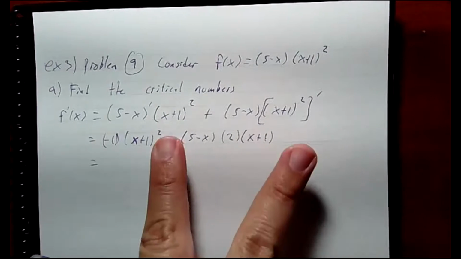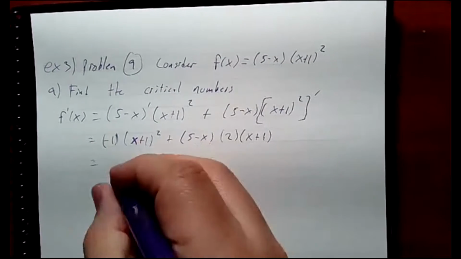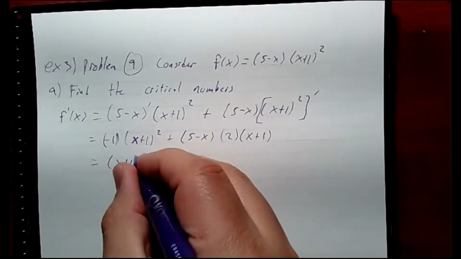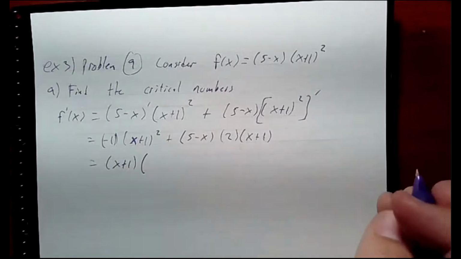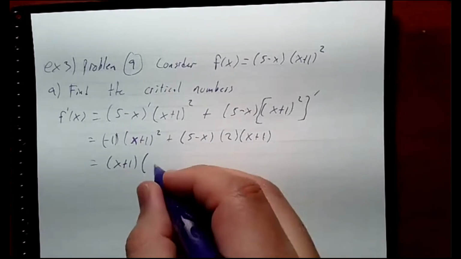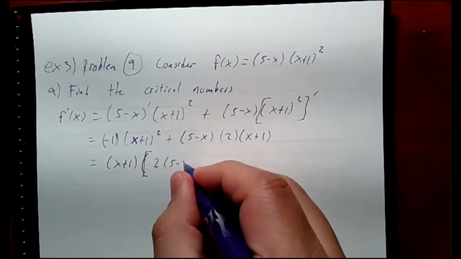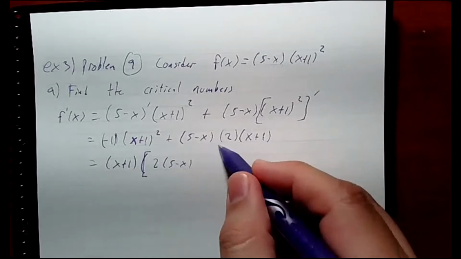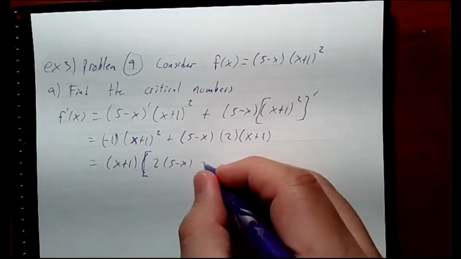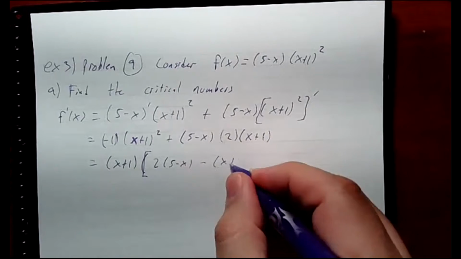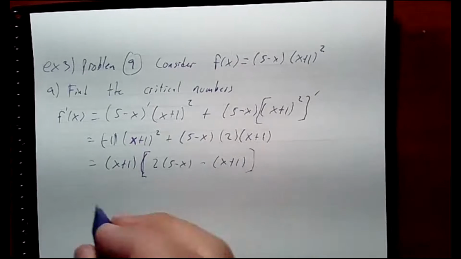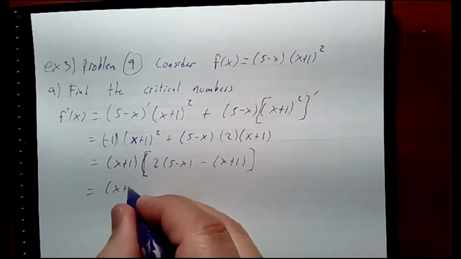I see x plus 1 in common. So that would leave me with x plus 1 times, put a bracket here, 2 times 5 minus x, right, this piece, minus one of those.